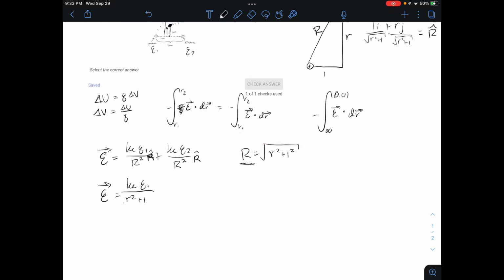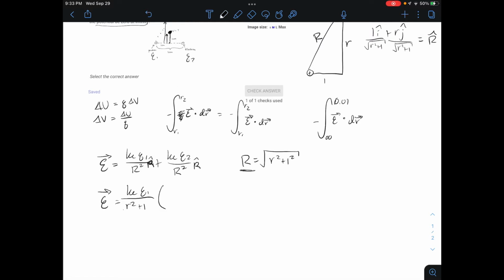And then that's going to be all times this unit vector that we said was i hat over the square root of r squared plus 1 plus r j hat over the square root of r squared plus 1.